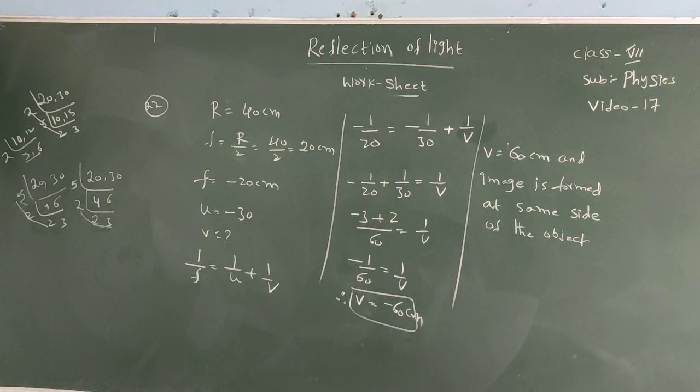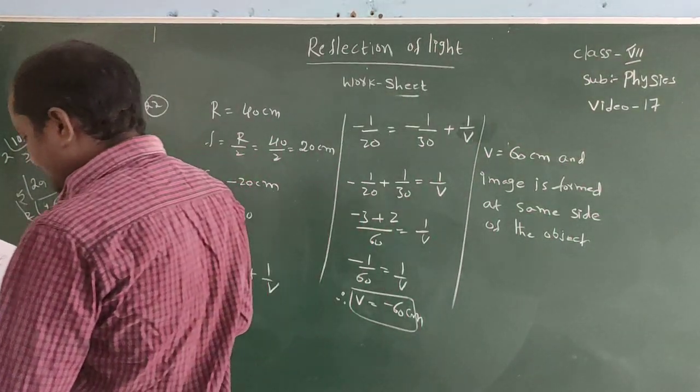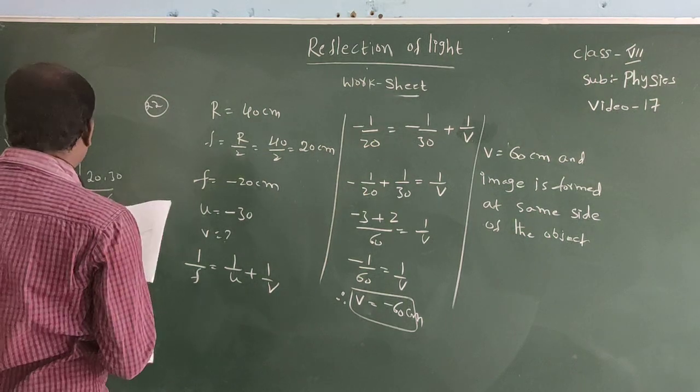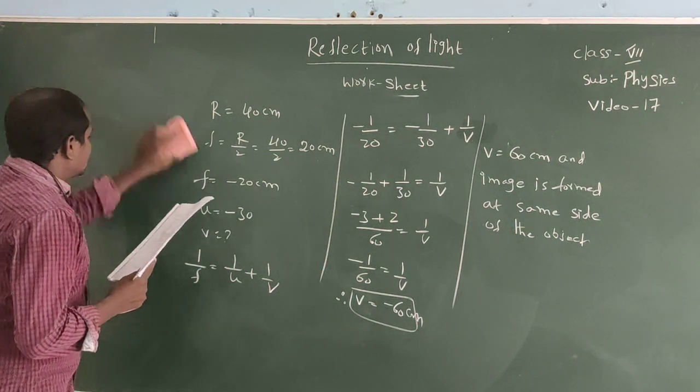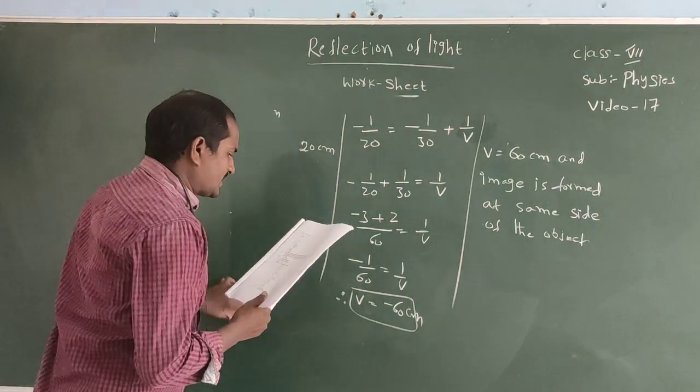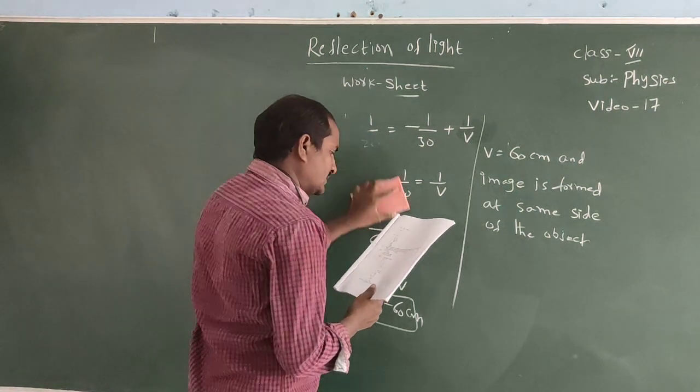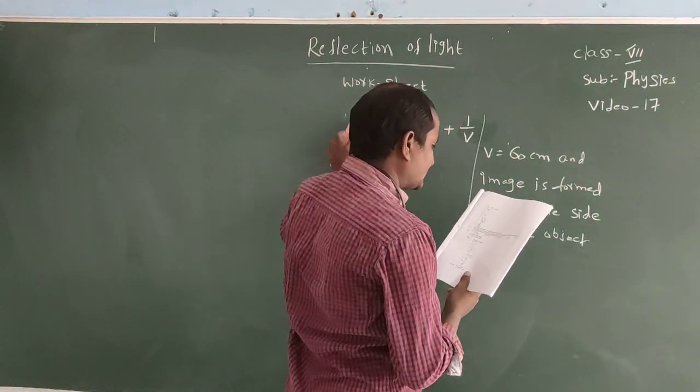Okay. Now question number 23. The distance of the object from a concave mirror of focal length 10 centimeters.